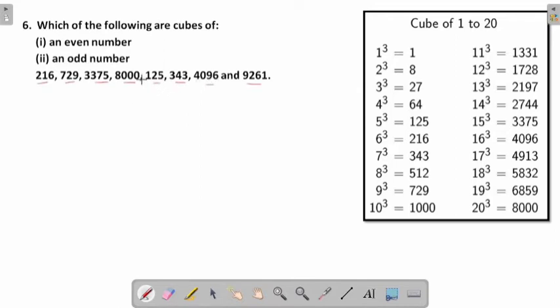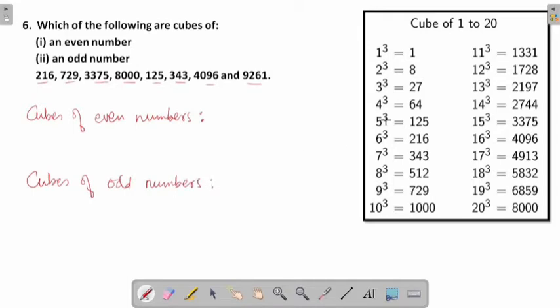Now you have to identify which one is the cube of an even number and which one is the cube of an odd number. So we have cubes of even numbers. We'll see what those are. And we have next cubes of odd numbers. We will find that also.